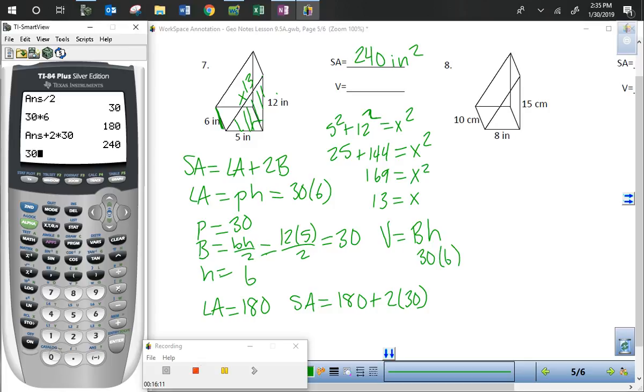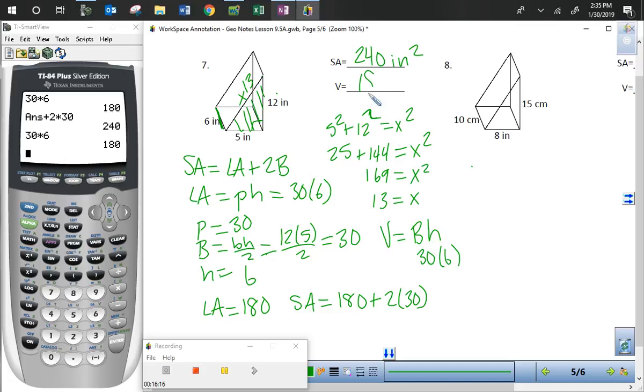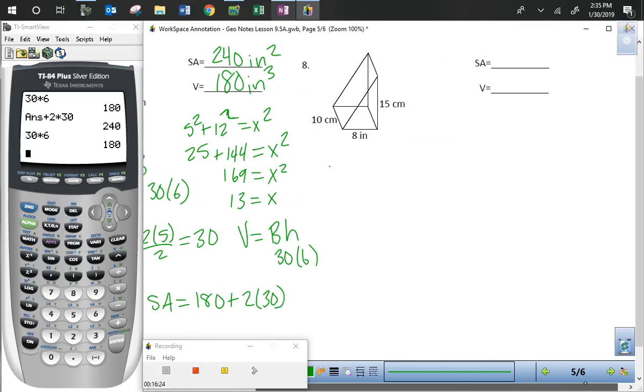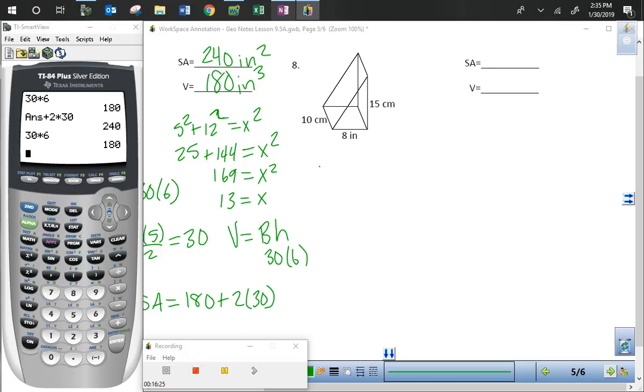So 30 times 6, 180 inches cubed for the volume. I want you to pause the video, take a chance to work on number 8, surface area and volume. Then you can check with the video when you're done.